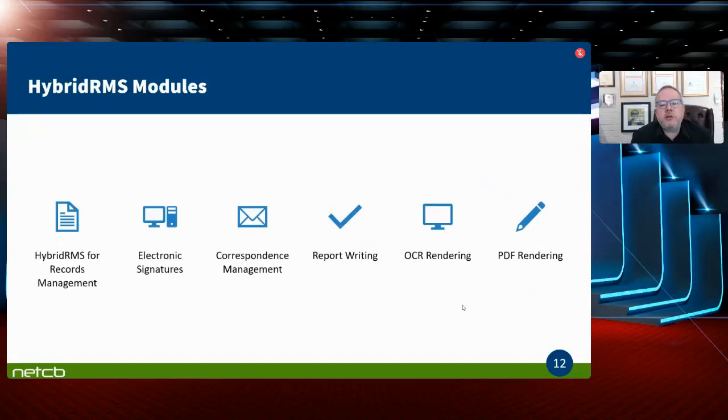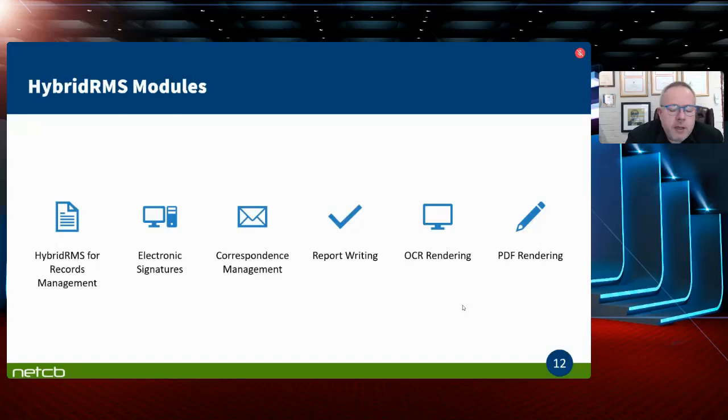There are different modules that we categorize within this framework. Obviously the main component of the system is the HybridRMS for records management. There's an upcoming module for electronic signatures where we're going to integrate with the SigniFlow platform in South Africa.